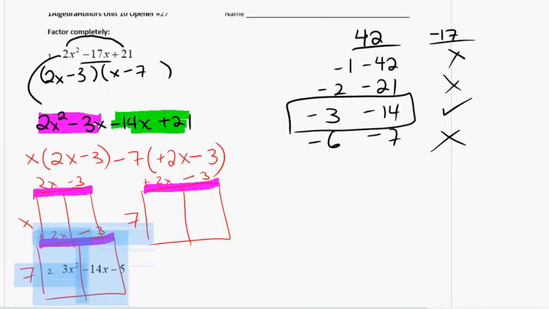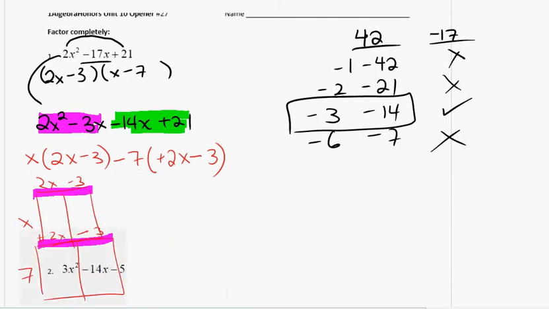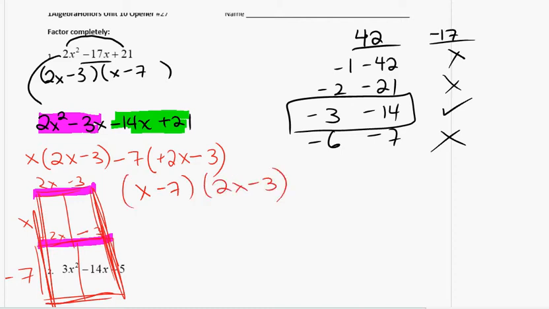I can basically put them like this and call it, I wish I was a better drawer, a rectangle, which is x minus 7 by 2x minus 3. And this is known as factor by grouping.